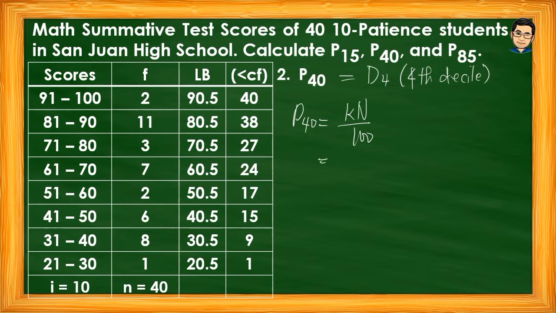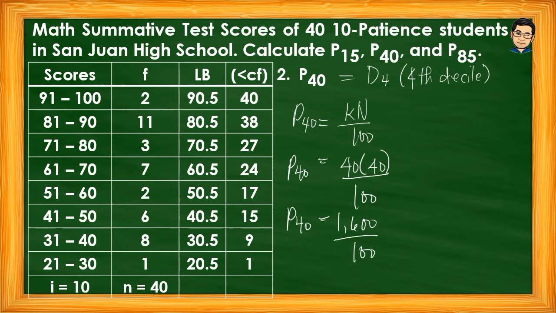So, the value of K is 40 times the value of N, again, is 40 over 100. So, 40 times 40 is 1,600. Divided by 100, we'll get 16.